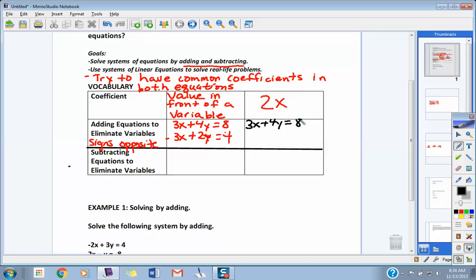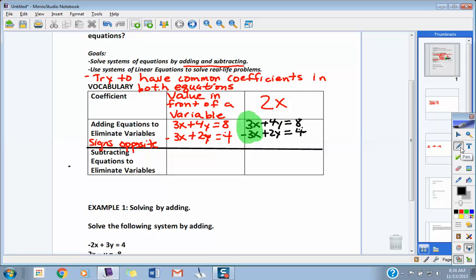And to that, we're going to add -3x plus 2y equal to 4. The parts that are important for us are the 3x's, because those are values where the coefficient is 3 in front. Doesn't matter if the signs are the same or different.